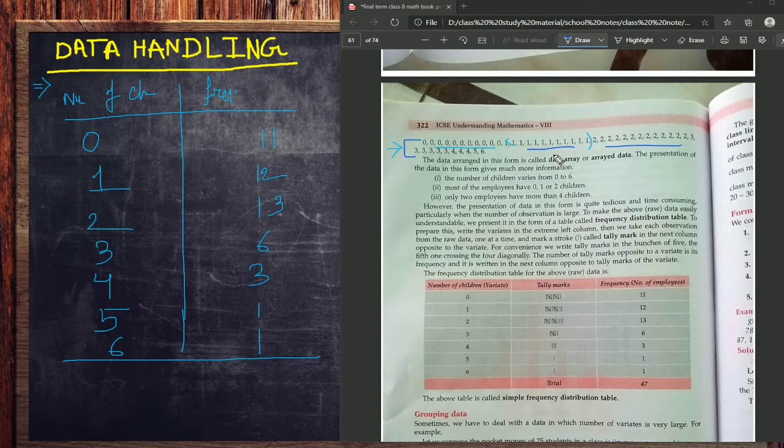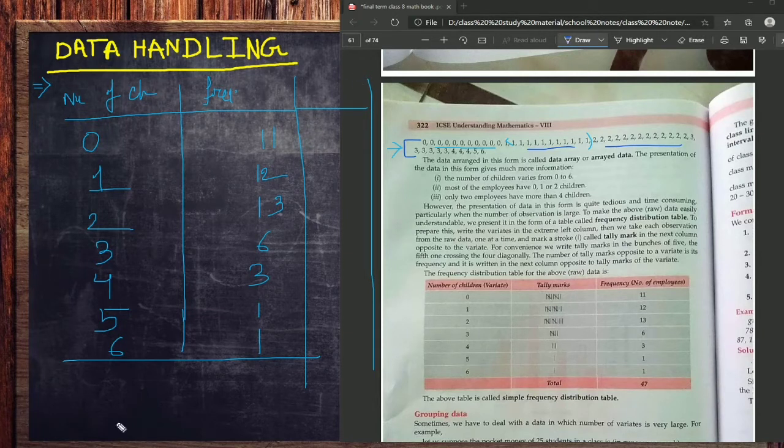Now coming to tally marks. Most of you already know about tally marks, but still I'm repeating once. You can put it in the middle section, but I am putting it in the rightmost section over here. Tally marks will give you the frequency, but in slides or bars. Okay, so what is the rule for tally marks?